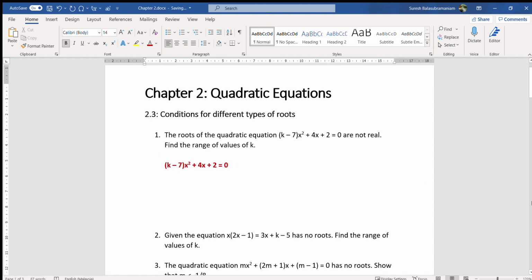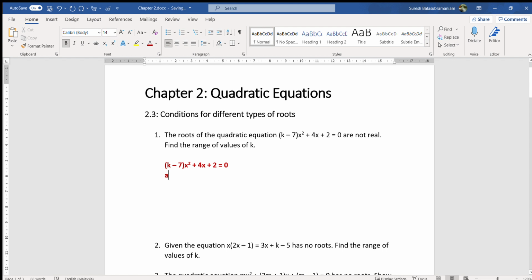Okay, now our a is k minus 7, b is 4, and c is 2.